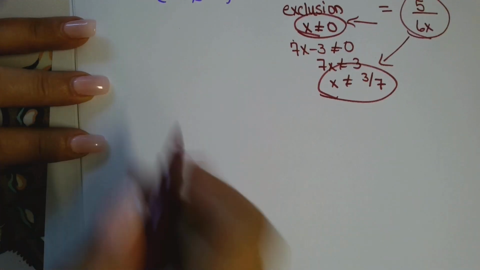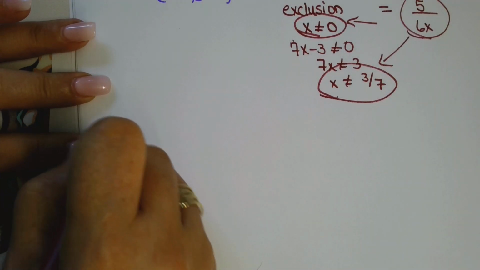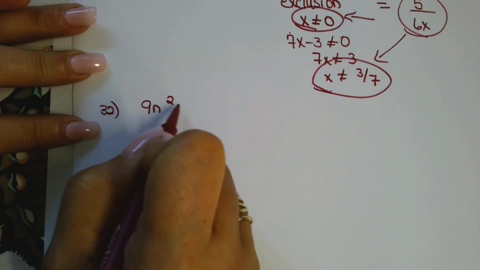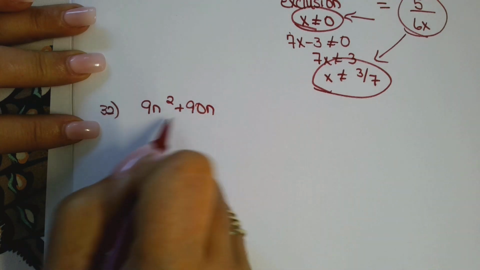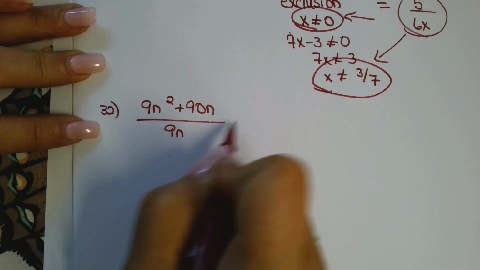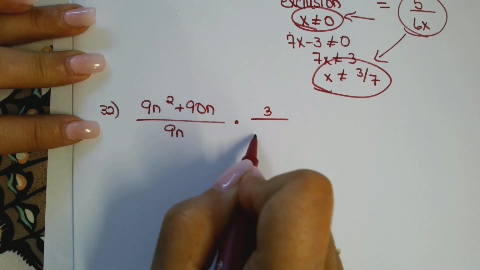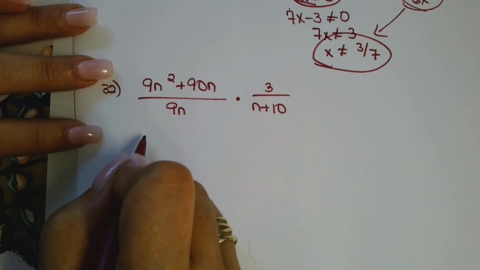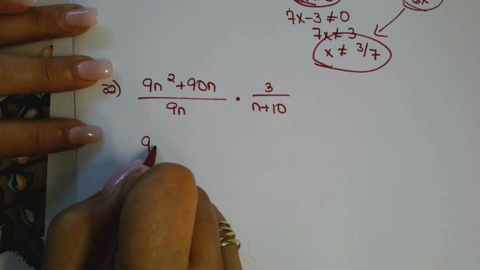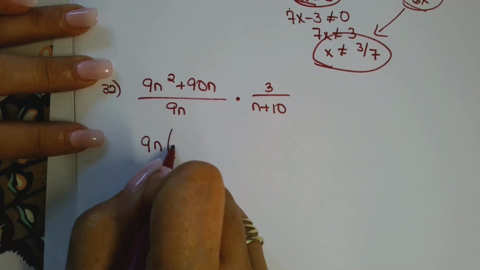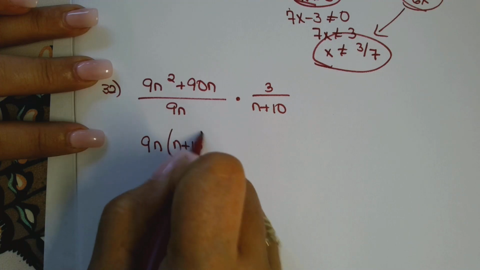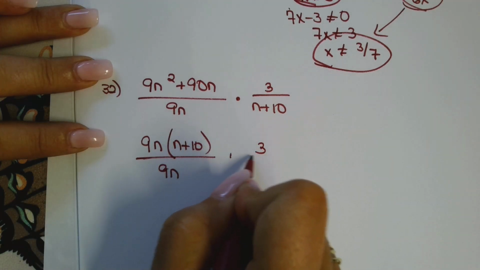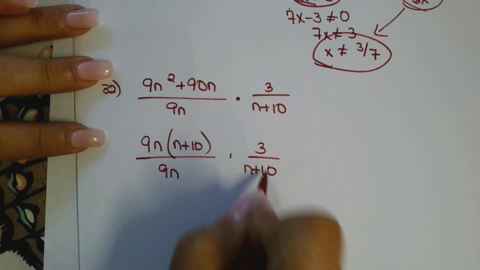Okay? Let's do 32. Here we have 9n squared plus 90n over 9n times 3 over n plus 10. So let's go ahead and factor up here. I'm going to pull out a 9 and an n, and I'm going to be left with n plus 10. And here I have 9n, 3n plus 10.